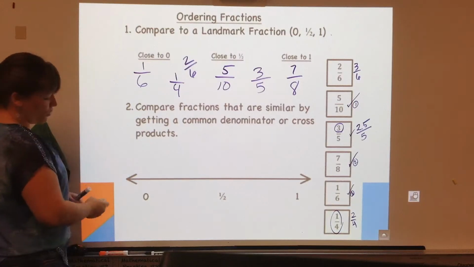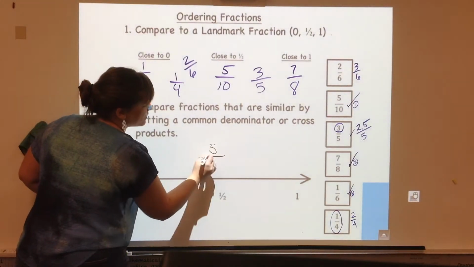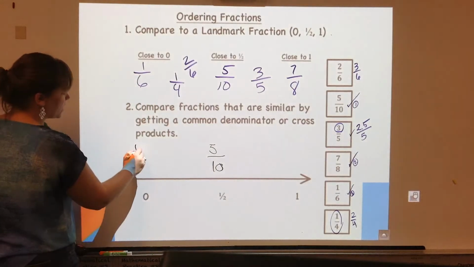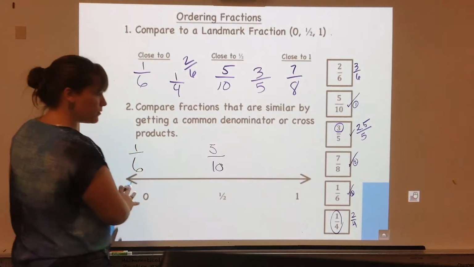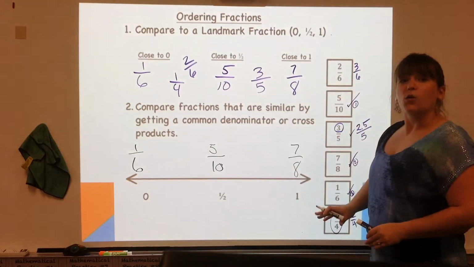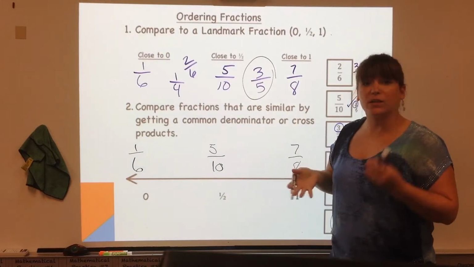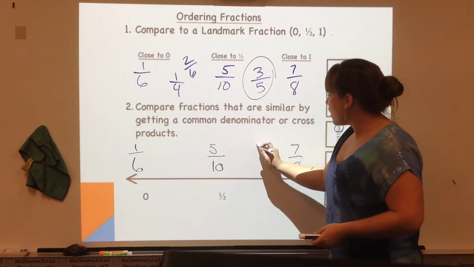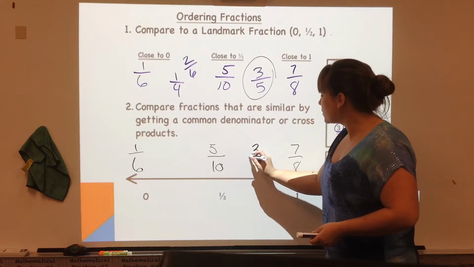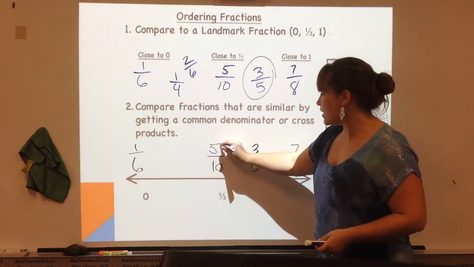The ones that we know for sure: 5/10 is smack dab in the middle, 1/6 is over on the left, and 7/8 is over by 1. We are pretty certain that 3/5 goes in between, because there are no other fractions in our list to order. So I'm going to put that one in between 5/10 and 7/8.